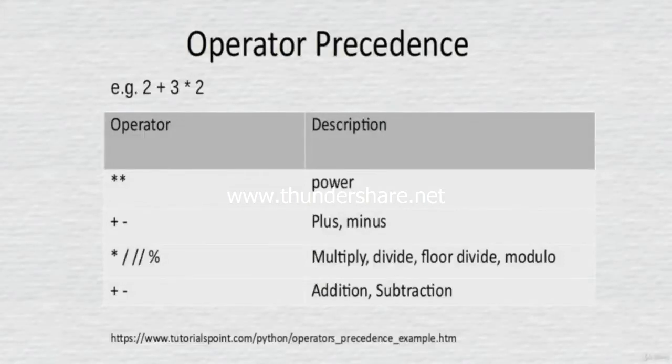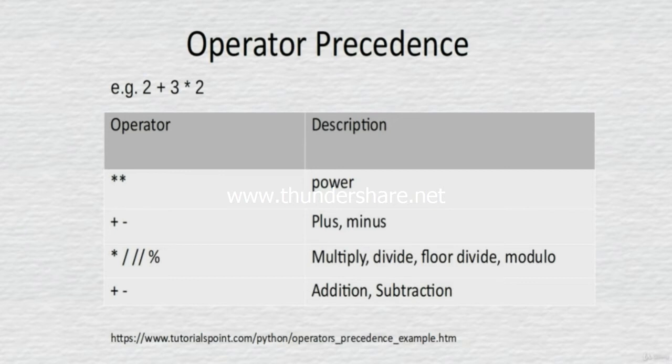Introduction about Python operators. Python operators have precedence, which means which computation is carried out first given an expression. For example, 2 plus 3 times 2. How does Python interpret this?